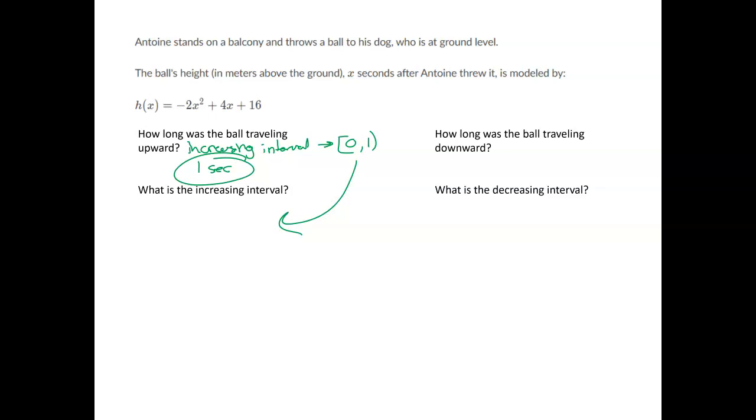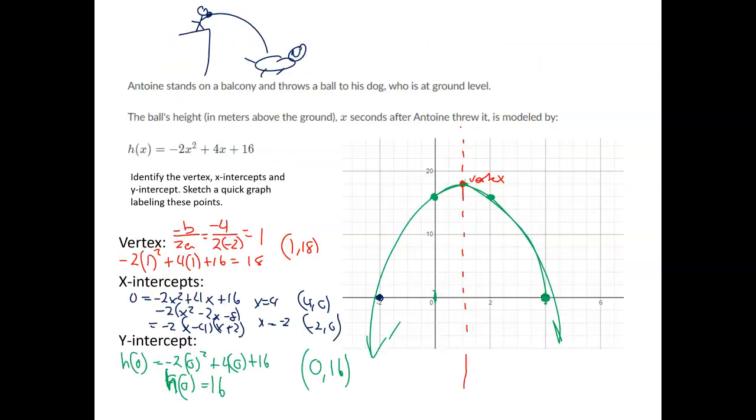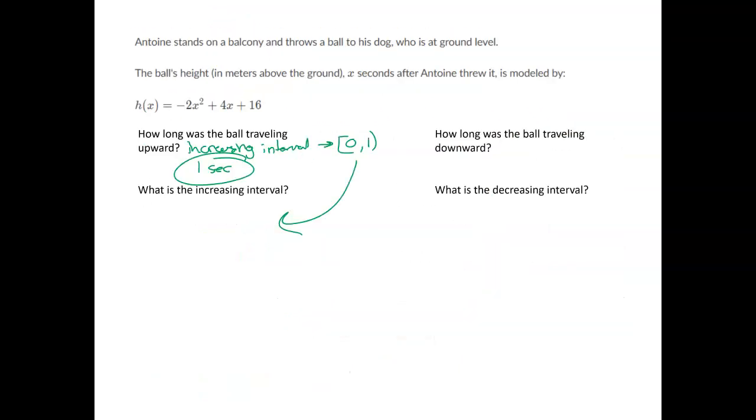Okay? How long was the ball traveling downward? No, from 1 to 4. From 1 to 4, 3 seconds. So 3 seconds with a decreasing interval of 1 to 4.